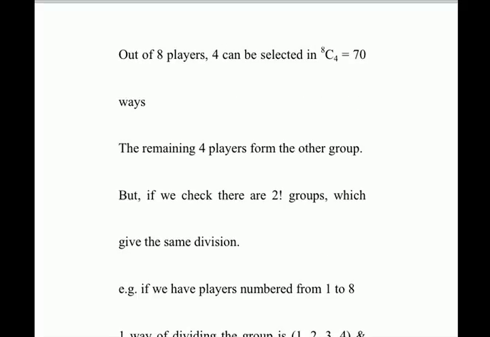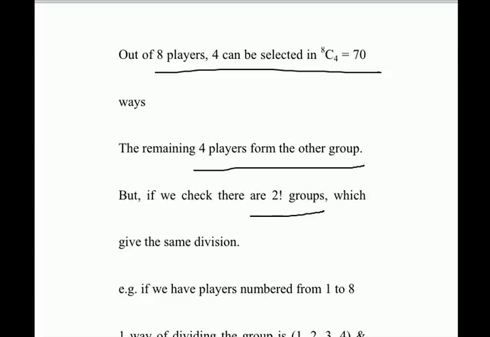Now let's look at a more formal way of solving this. Essentially, of 8 players, 4 can be selected in 8C4, which is 70 ways. The remaining 4 players form the other group. But if we check, there are 2 factorial groups, so 2 groups which give the same division.